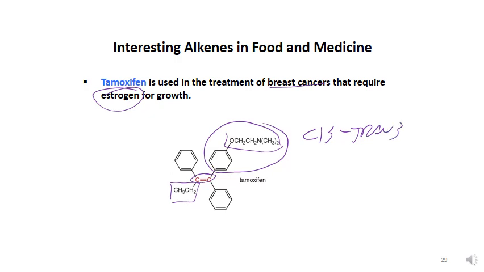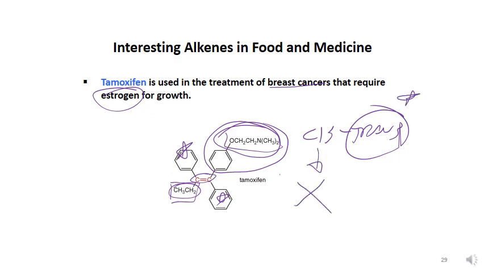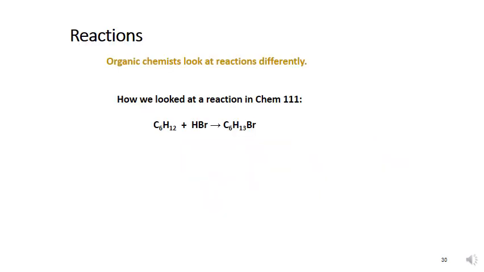Because we could also have the phenyl groups next to each other, and then these alkyl parts next to each other. So that would become really important because it might be that this trans version works, but the cis version may not work, or it may be really hard to make or something like that. So it's really, really important to be able to stay on top of that.